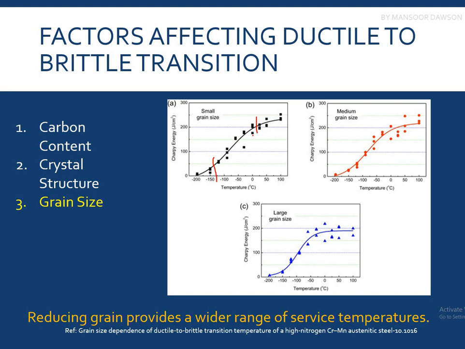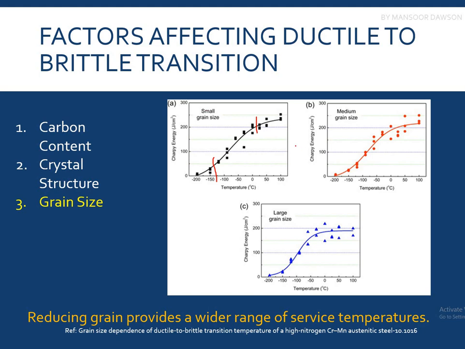If the grain size is very small, we can call it fine grains, or refined grains. In that case we get a wide range of transition temperatures. The material does not fail immediately in a brittle manner, but rather it gives us such indications.